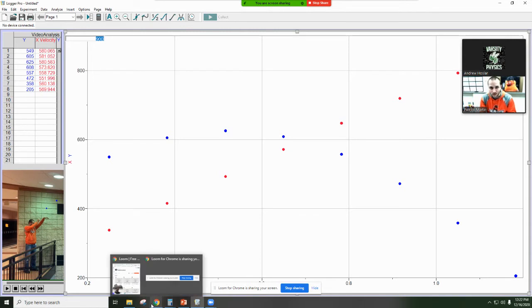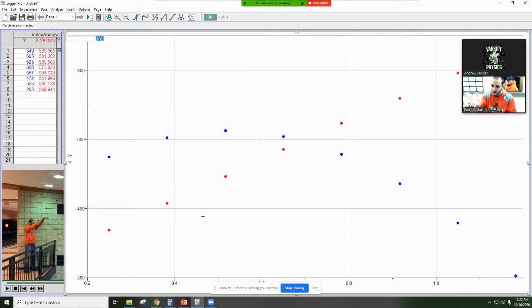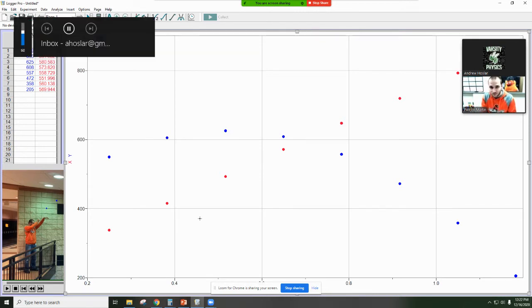Well, I've noticed that we have X, the X direction, on the Y axis and time on the X axis, and that's a straight line there. Anytime we have a straight line on a position-time graph, that tells us it's moving at a constant velocity. So it looks like in the video, the basketball is moving at a constant velocity in the X direction. What about the blue dots, Mr. Hauser?